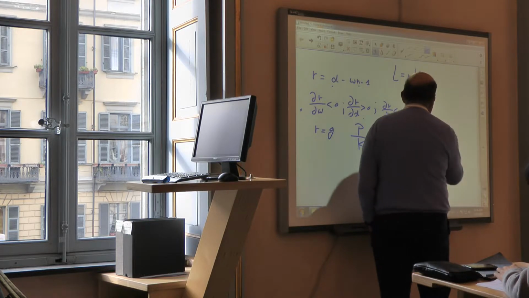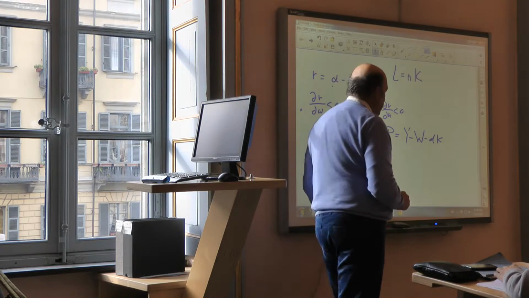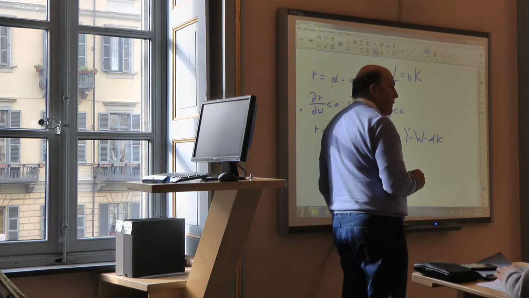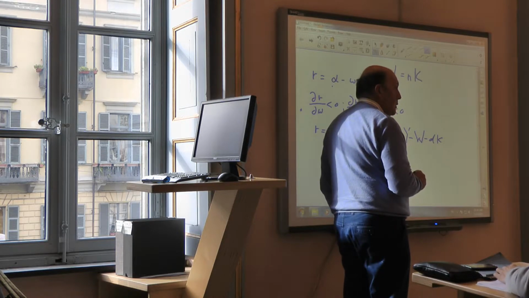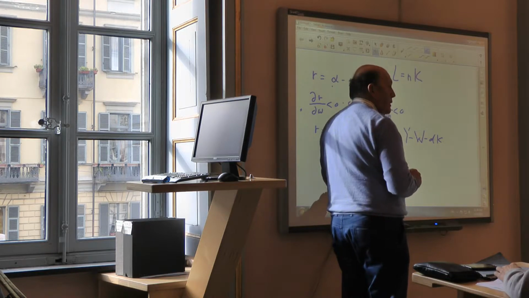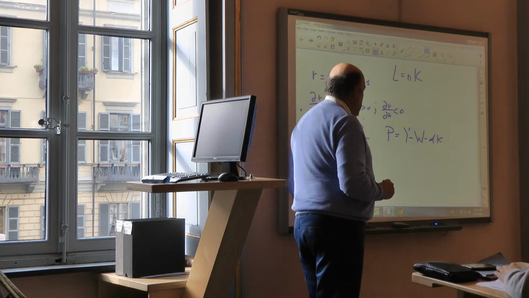It is minus capital, but depreciation is equal to 1, 100%. That's what the net rate of profit is. Could you just repeat what was P over K? P is profit, P over K is the rate of profit. Okay.